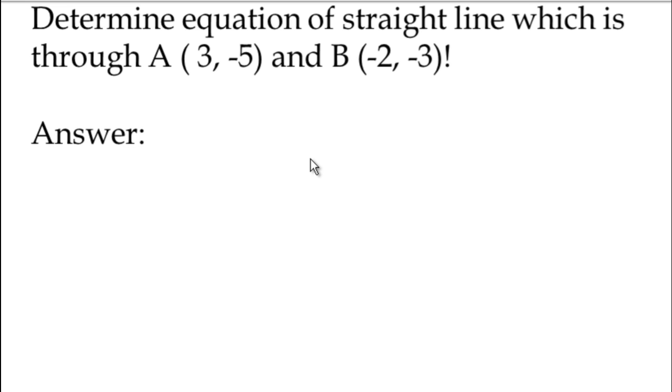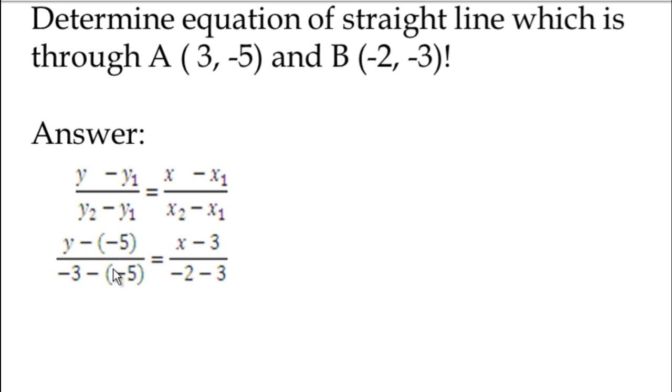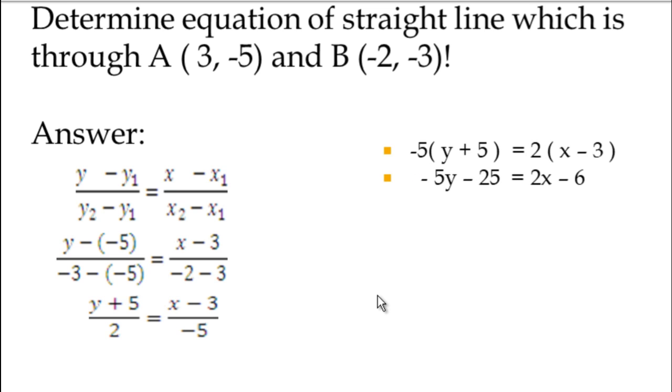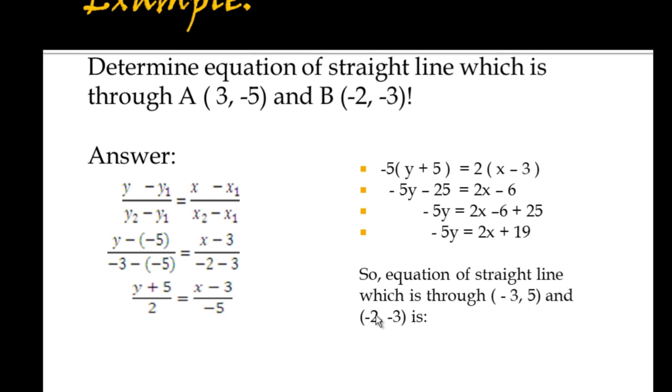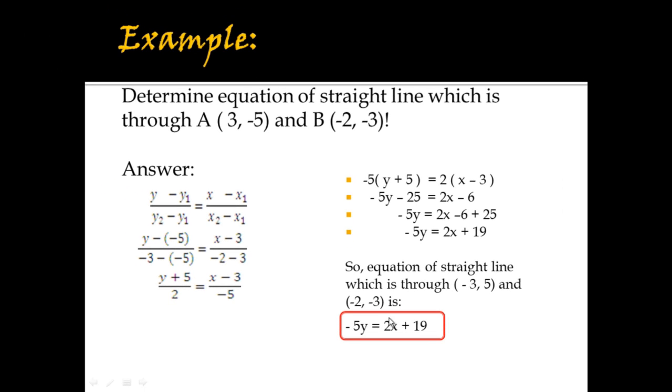So just substitute into the formula. We can write like this and then cross multiply. You can write like this. So the answer for the equation of line is negative 5y equal to x plus 19.